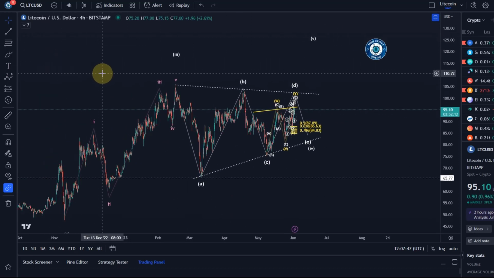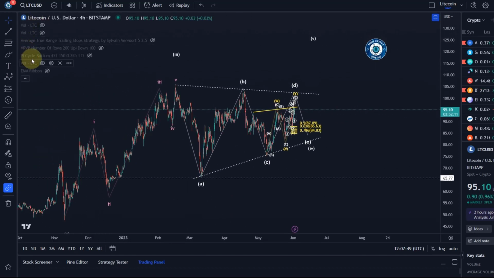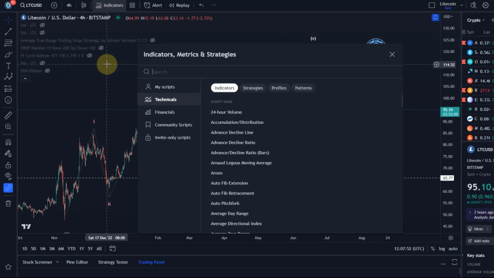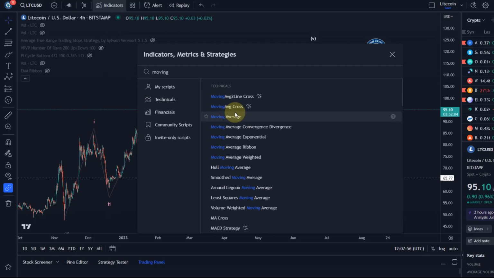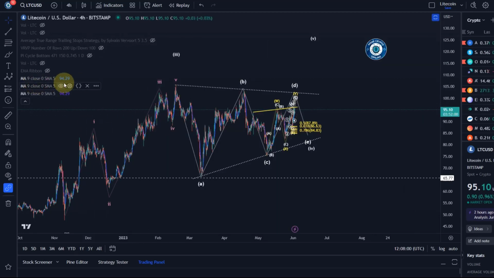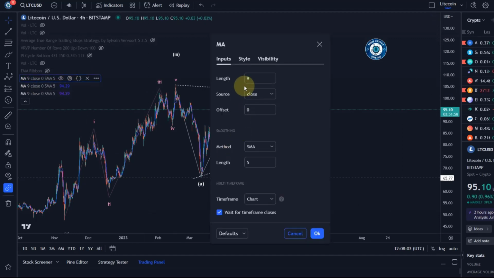And what I'd like to do as well is maybe add a few moving averages, because it's sometimes worth it. I don't use them very often, but it can be useful in terms of understanding the trend, and they can be used as a trend filter.